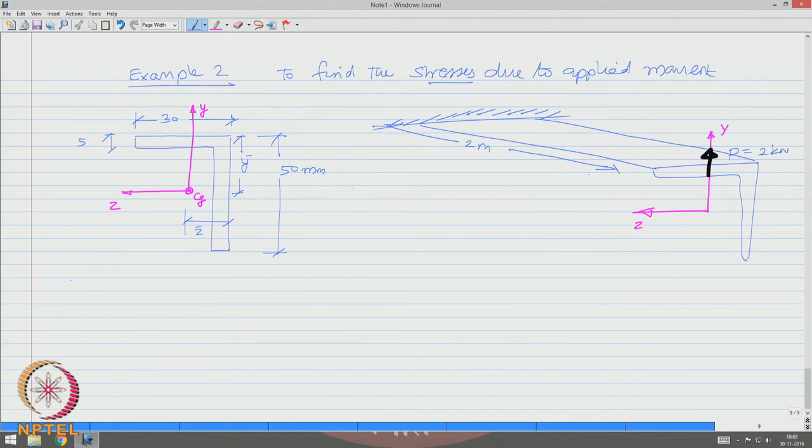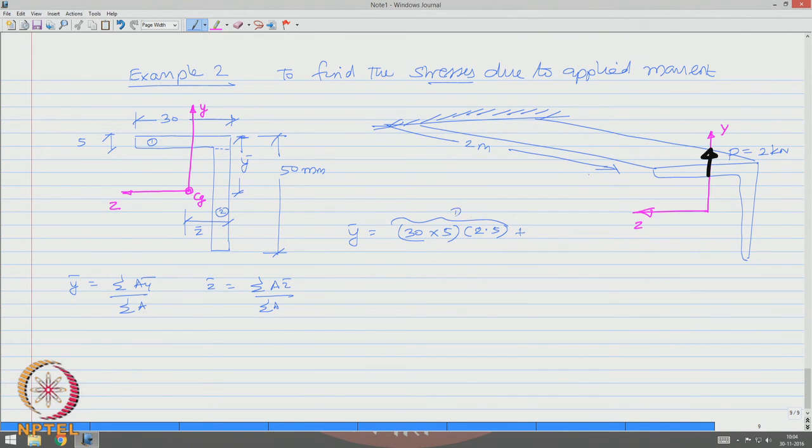So, y bar is simply sigma A y bar by sigma A, and z bar is simply sigma A z bar by sigma A. Applying these equations, let us try to find y bar. Let us talk about the top flange, taken like this. So, 30 into 5, that is the area. We are measuring it from the extreme end, therefore the distance is 2.5 millimeter, plus, let us say this is piece number 1 and this is piece number 2.